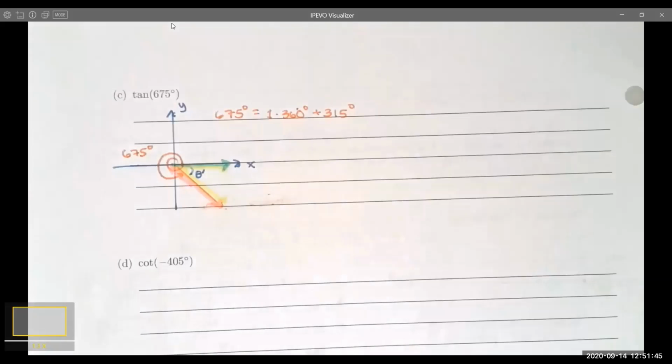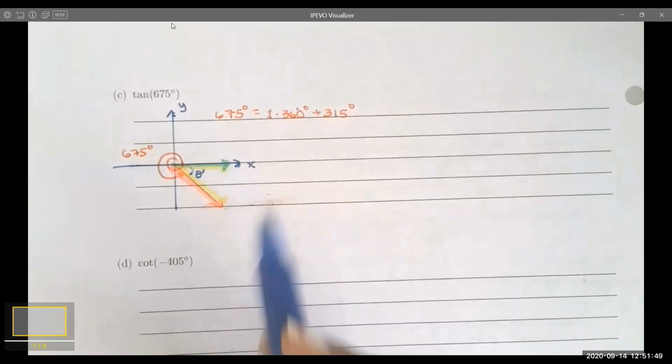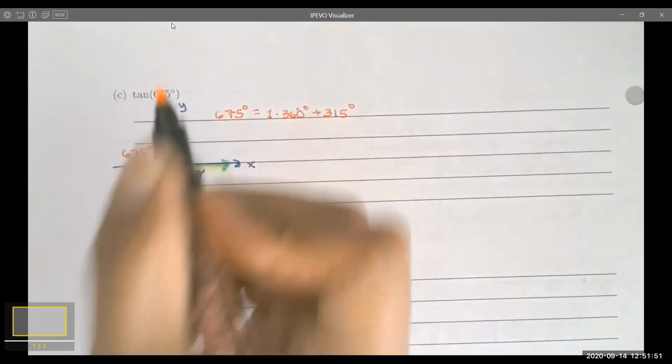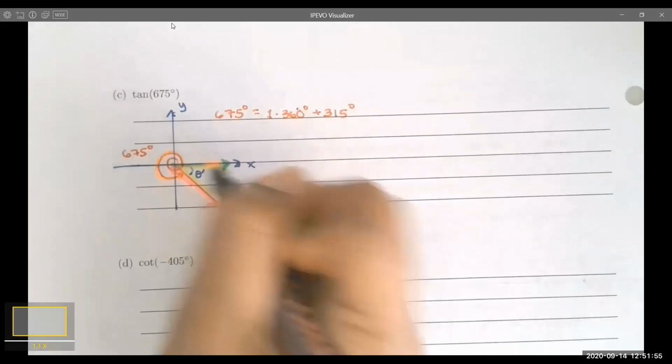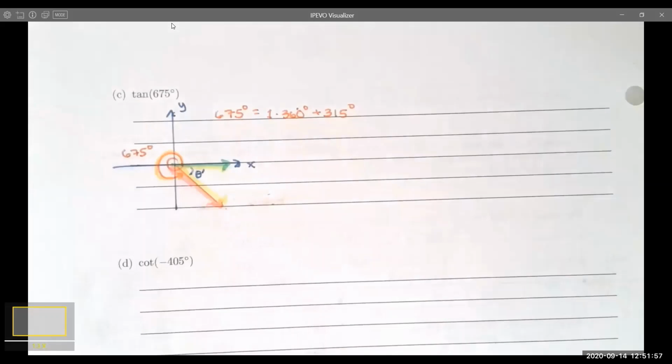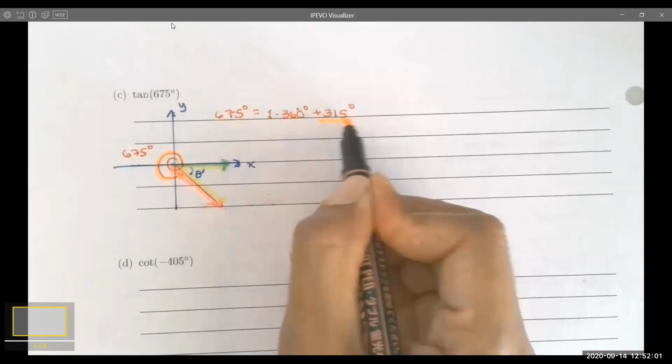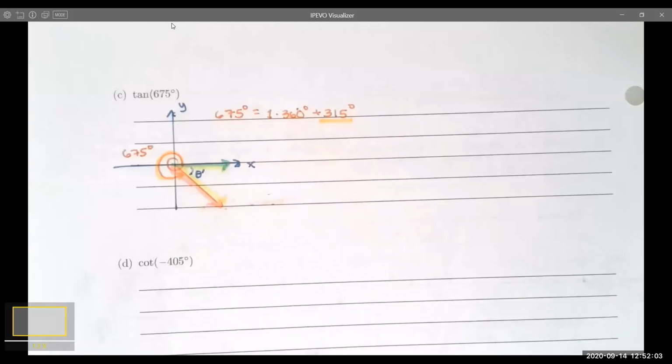In order to find what theta prime is going to be, I can simply take the smallest positive coterminal angle to 675, which we know is 315 from this earlier calculation that we made. So 675 and 315 are coterminal.